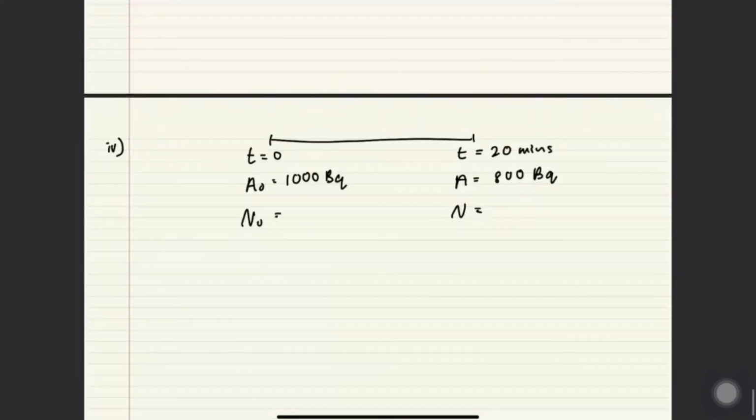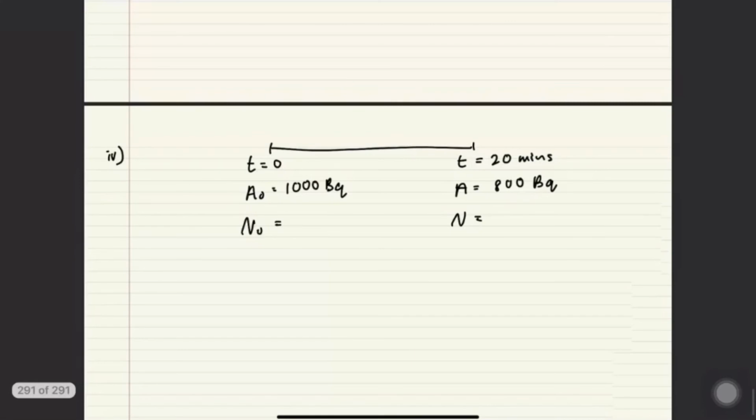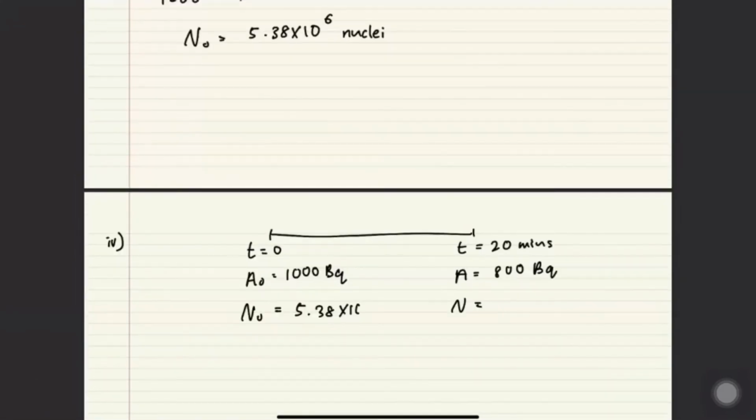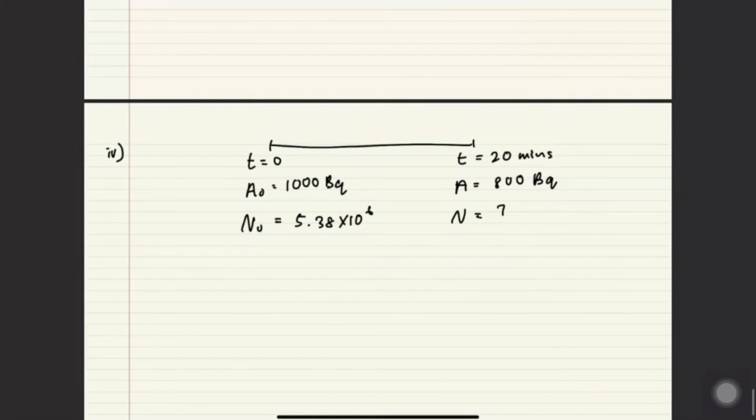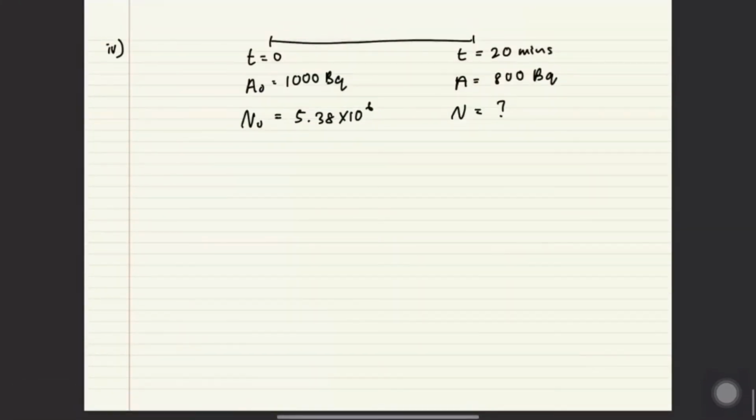So you already have the N knot, kita baru je kira N knot. So now you have to calculate N, okay, so that you can calculate berapa banyak dah decay. So how many decays, basically N knot dia tolak dengan yang akhir dia. So akhir tu lagi kecil kan, so saya letak N knot minus N.